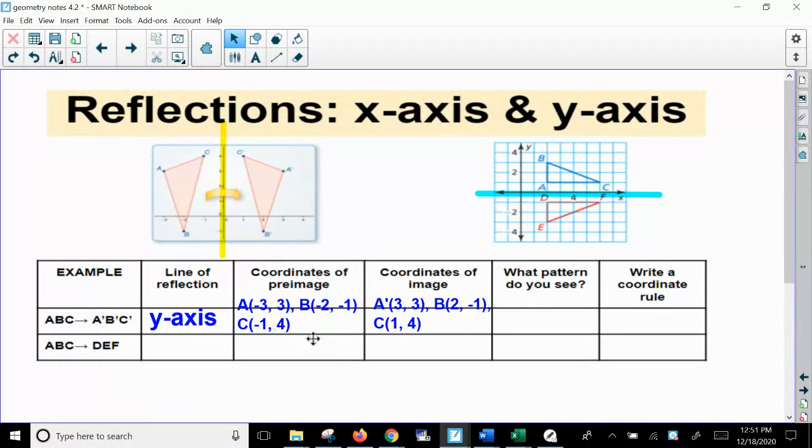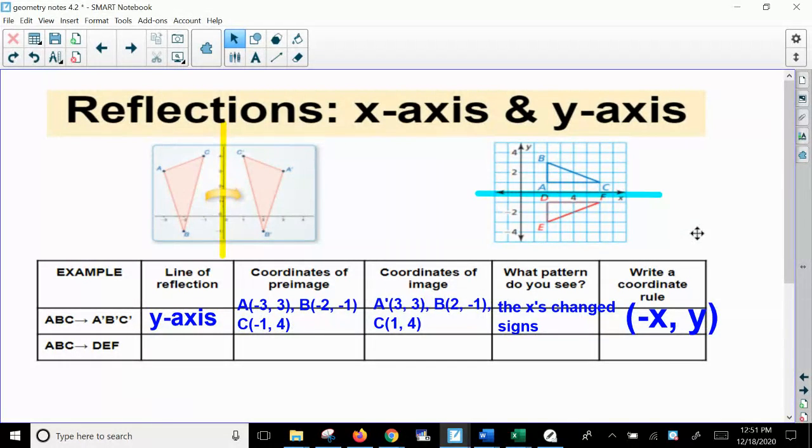If you look at the coordinates for points A, B, and C, from the pre-image to the image, you might notice that for all the x numbers, the sign changed. See that? The 3 went from negative to positive. For point B, -2 turned positive. And for point C, -1 turned positive.